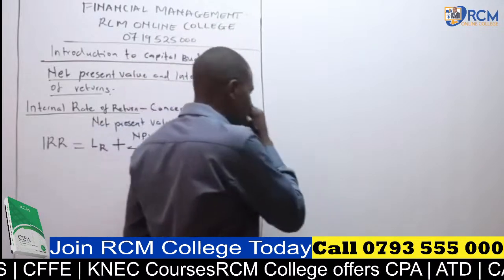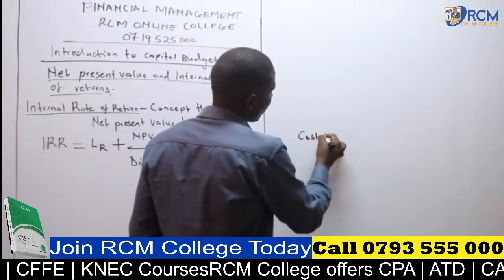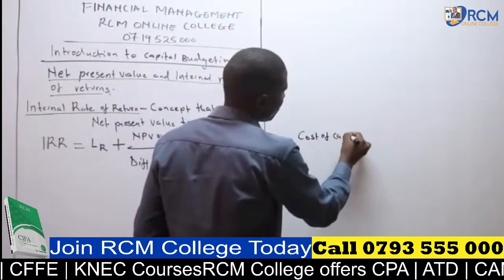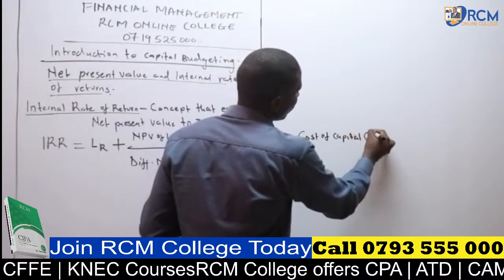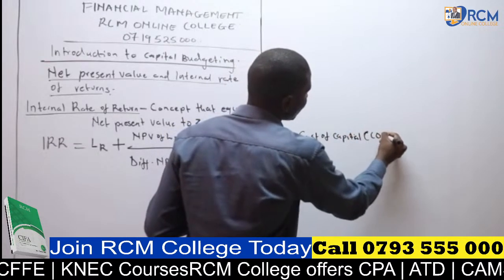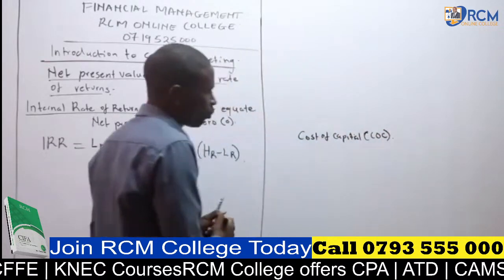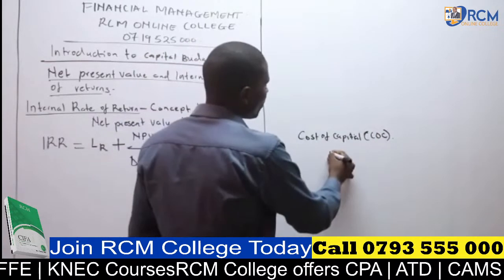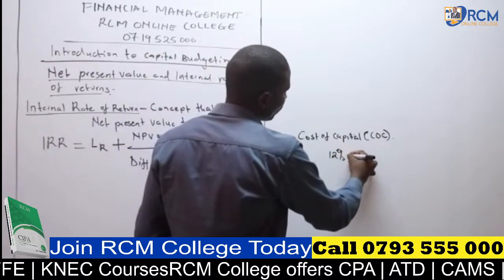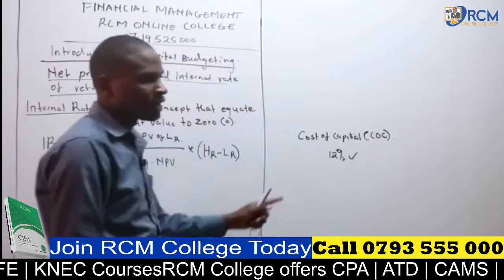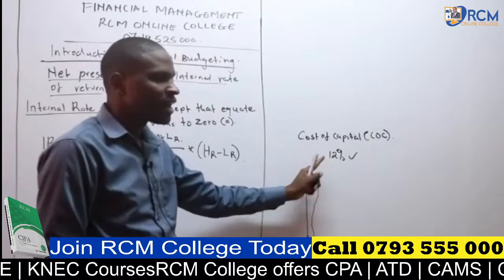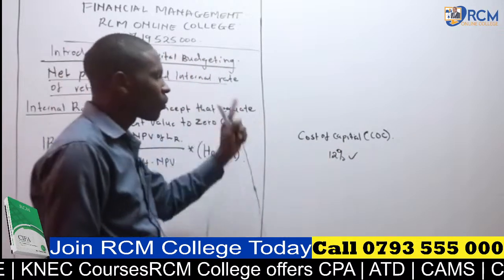When I talk about the rate, here it is the cost of capital, famously known as COC. You will be given maybe 12% as the cost of capital as your lower rate.